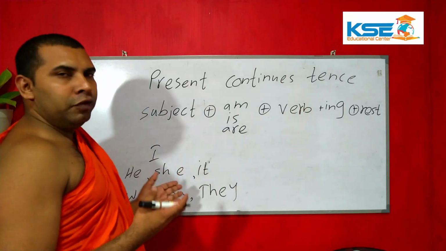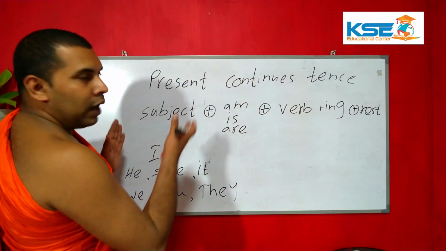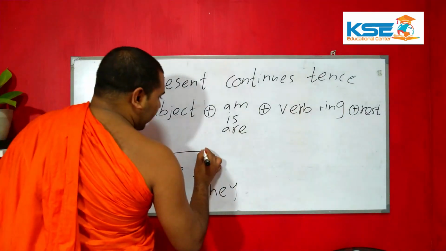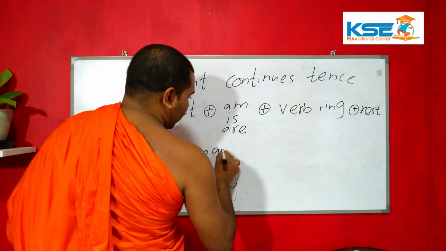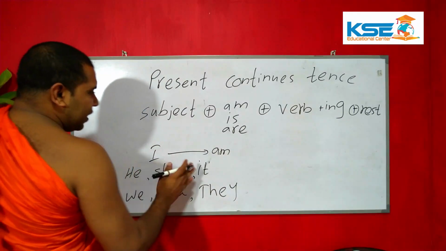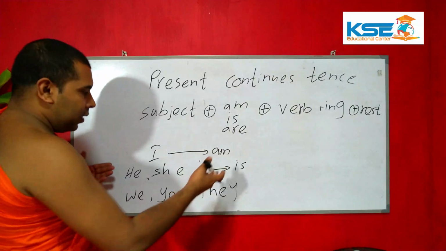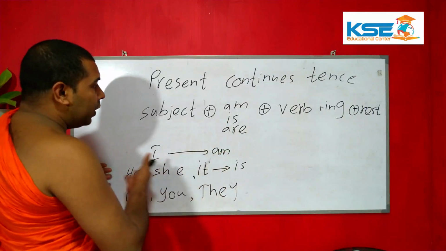So how do we continue with be verbs using these subjects? Normally for I we use am. For he, she, it we use is. Those are singular subjects.